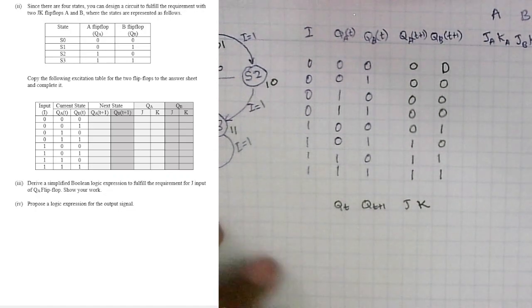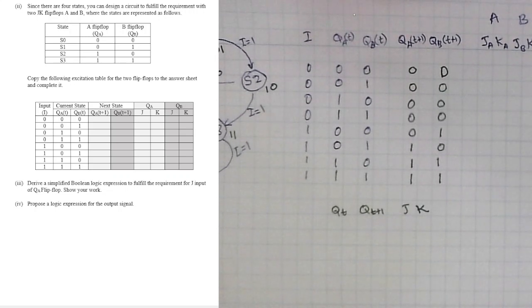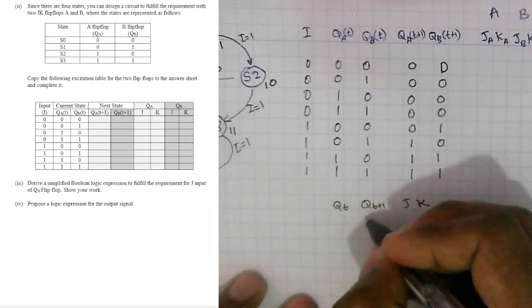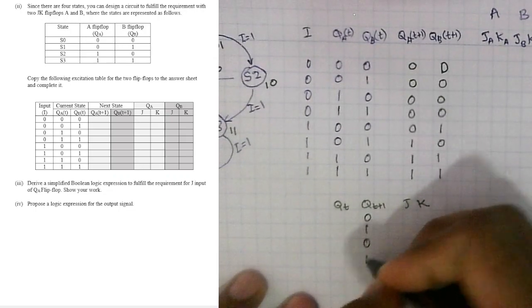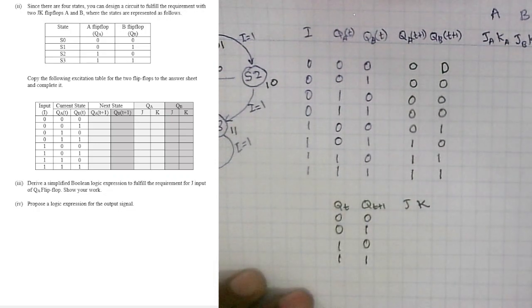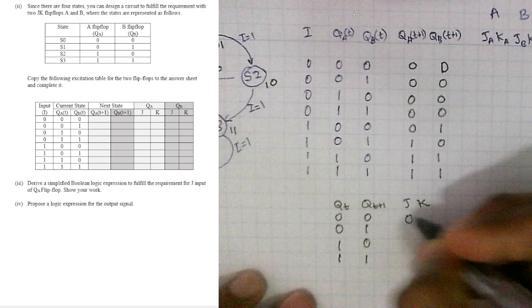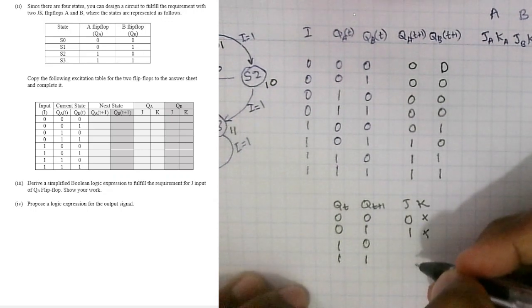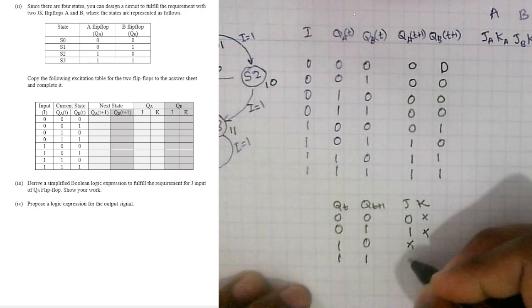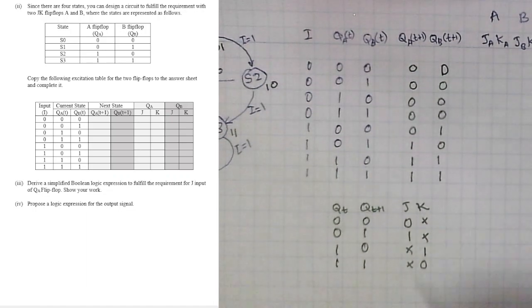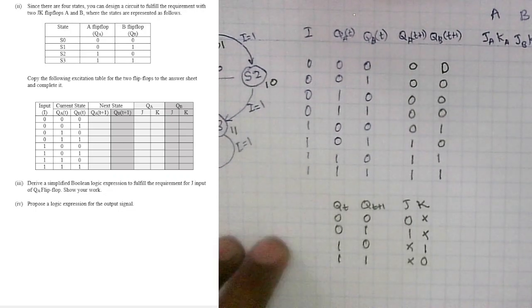Now I'm just copying this from the previous one: 0, 1, 0, 1, 0, 0, 1, 1. So 0 to 1 is J = 1, K does not matter. Here J does not matter, K is 1, and this one is 0. So this is the excitation table of the JK flip-flop.